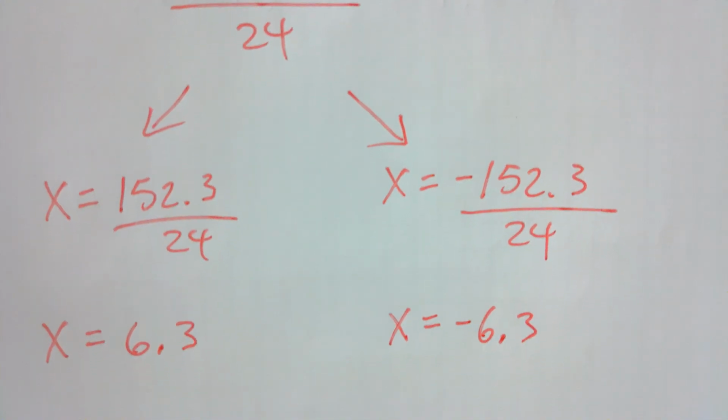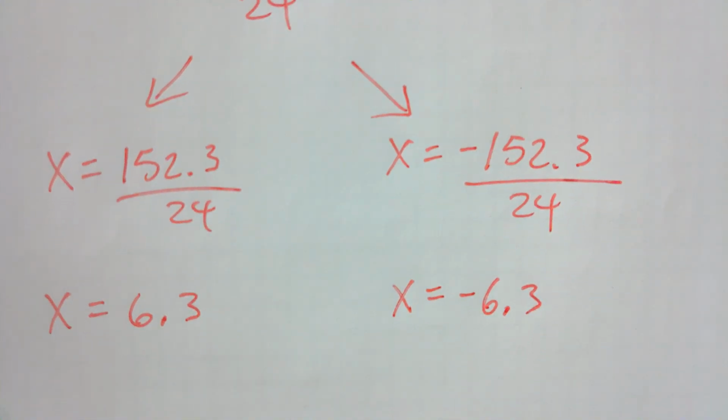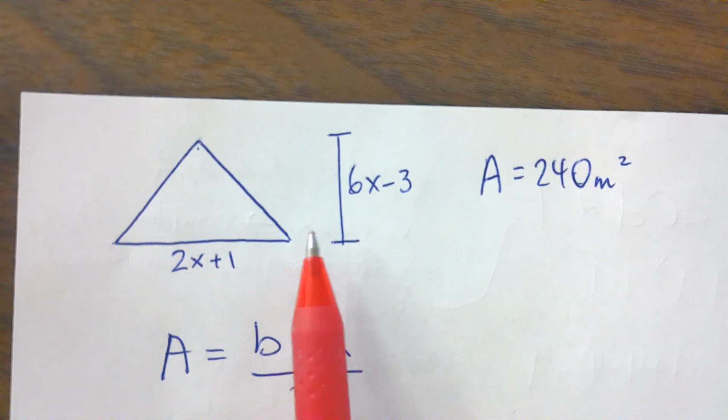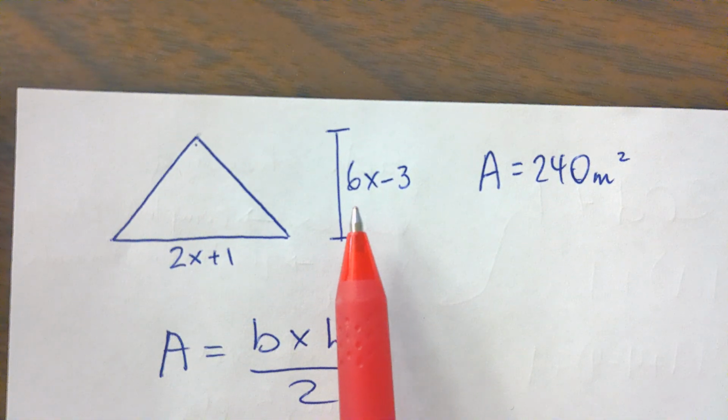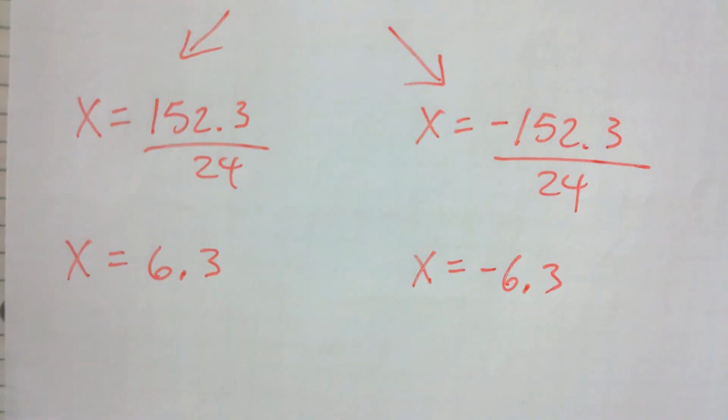Okay. Rashawn, which one should I reject? I got 2 x values right here. Which one should I reject? Can you repeat the question? Okay, so this was our question right here. I had to find the dimension of this triangle. So after I did the quadratic formula, I got these two answers. Which one should I reject? Finding the dimension.